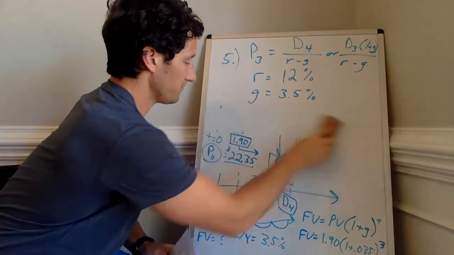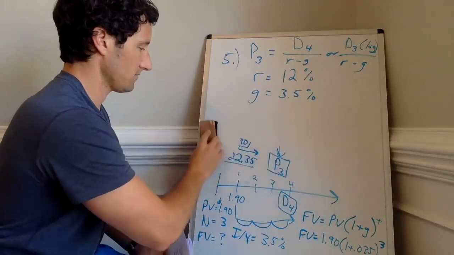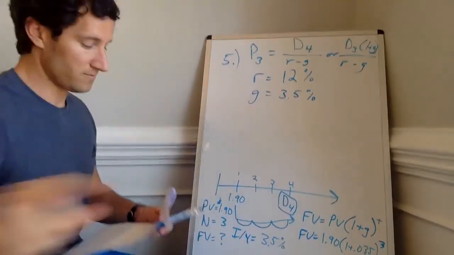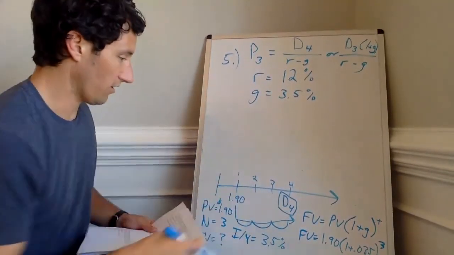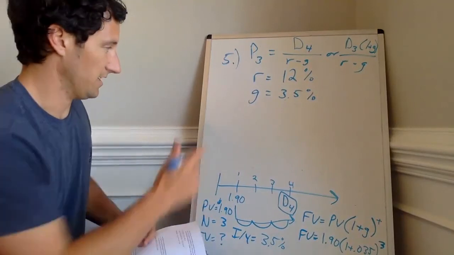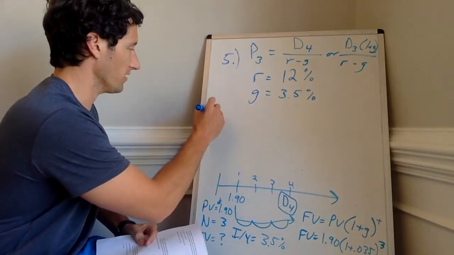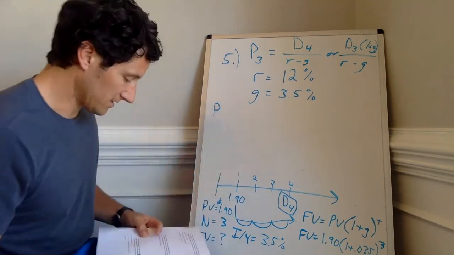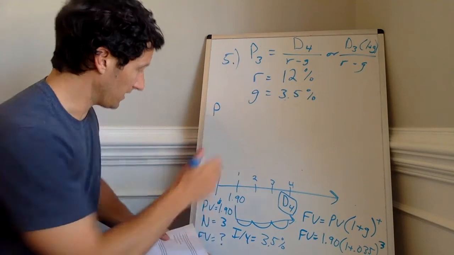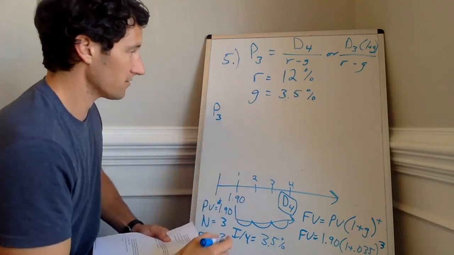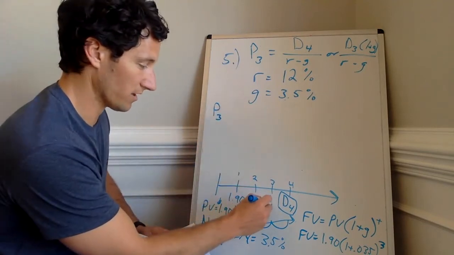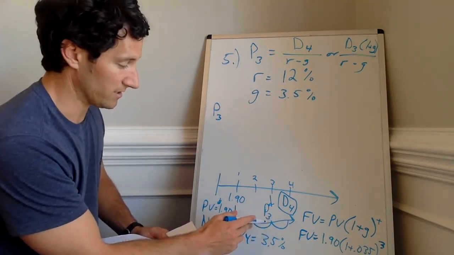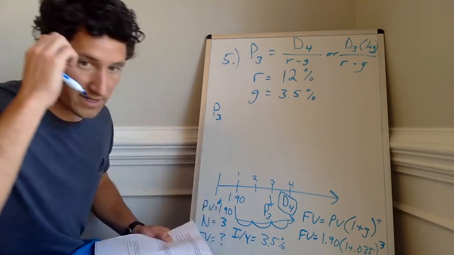So you can solve for this, figure out that dividend. I'm just going to plug it in using this formula to save some time and space. So price at year 3, because remember the problem, we're trying to solve for the capital gains from our year 3 selling point versus buying it today.